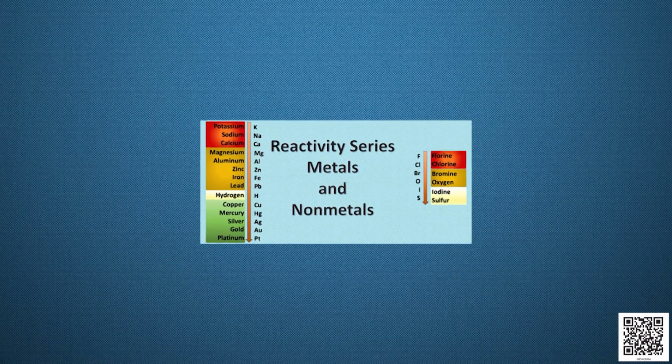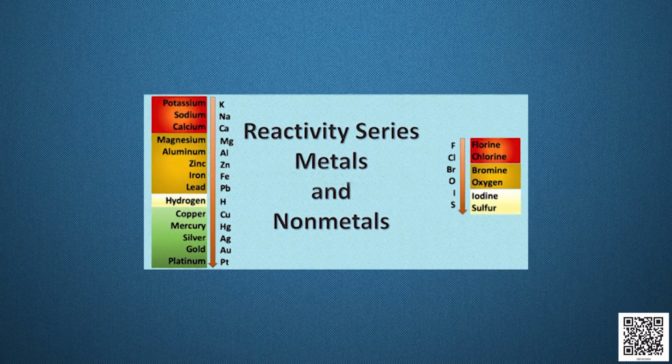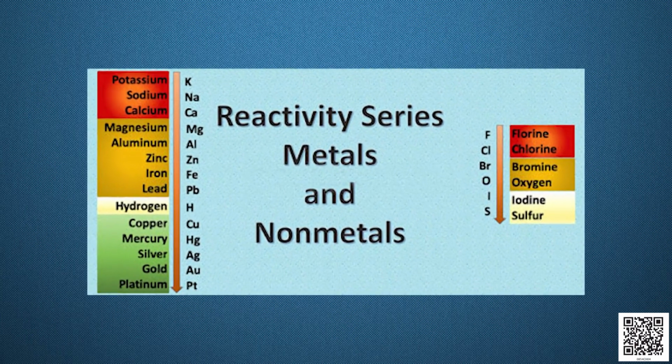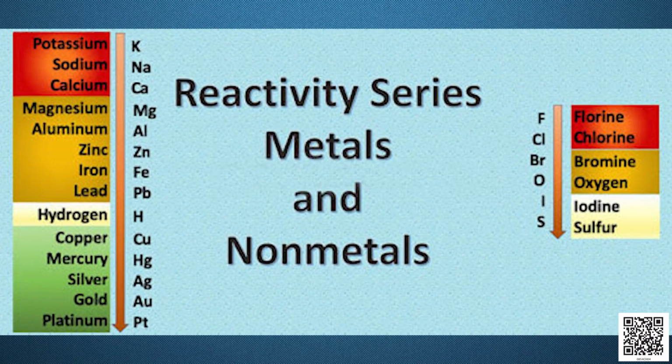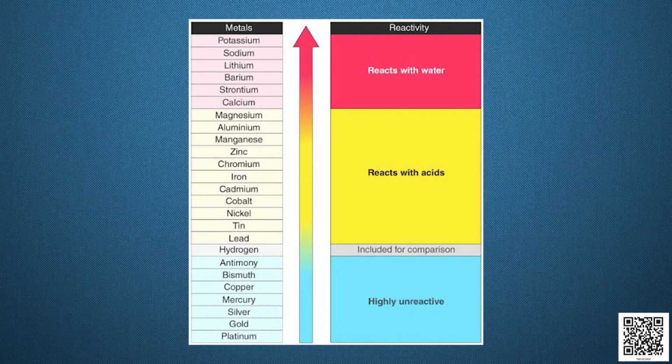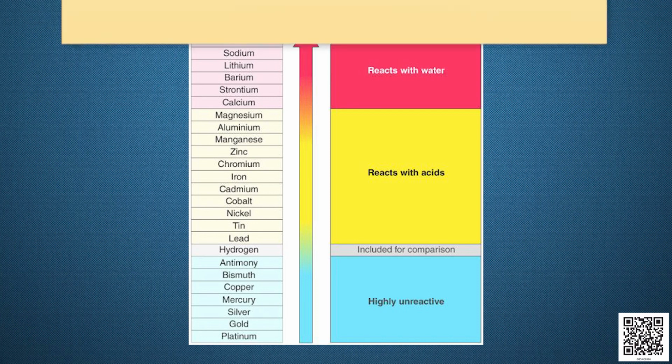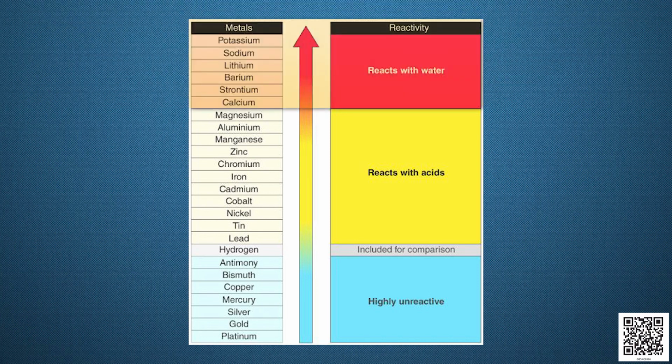Based on the extent of reactivity of elements, scientists have arranged the elements in a series called reactivity series. In a reactivity series, the most reactive element is placed at the top and the least reactive element at the bottom.